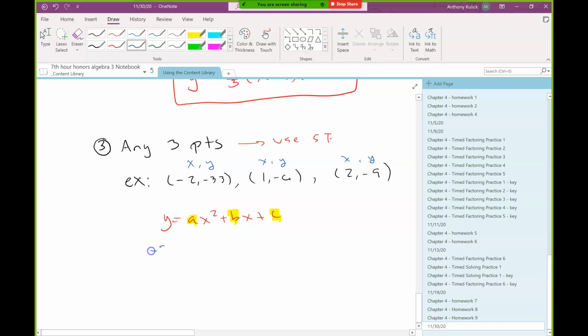So plugging the first xy in, you get this equation. When I plug the second xy in, I get that equation. When I plug the third xy in, I get this equation.